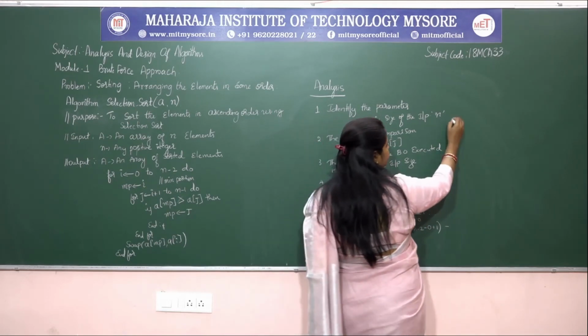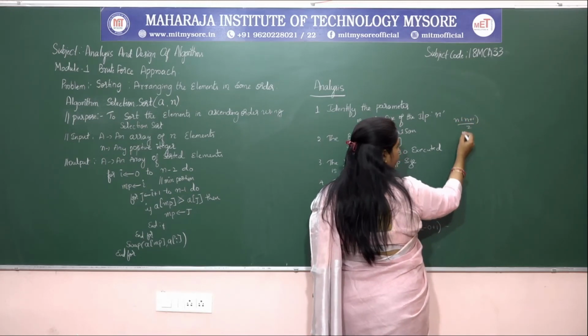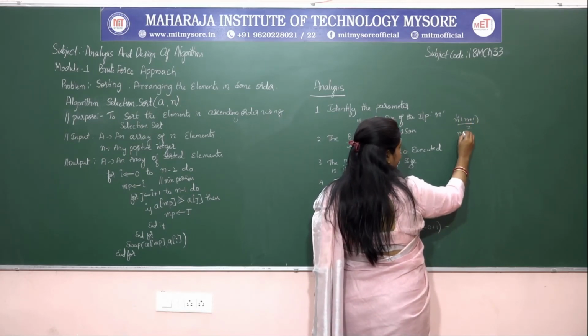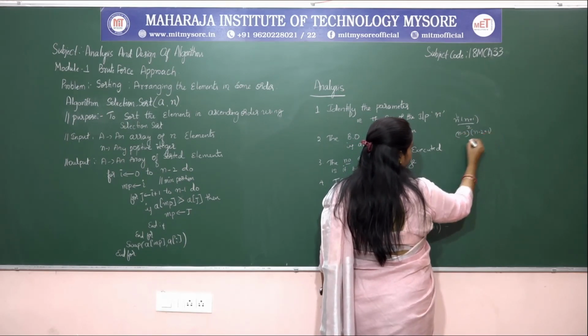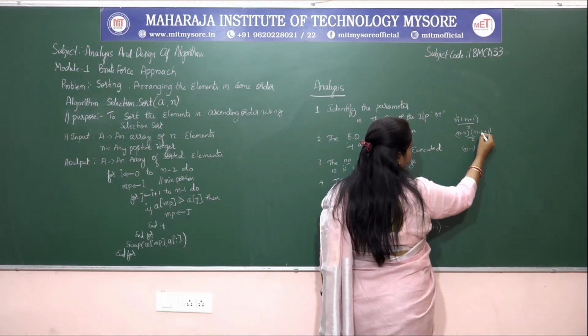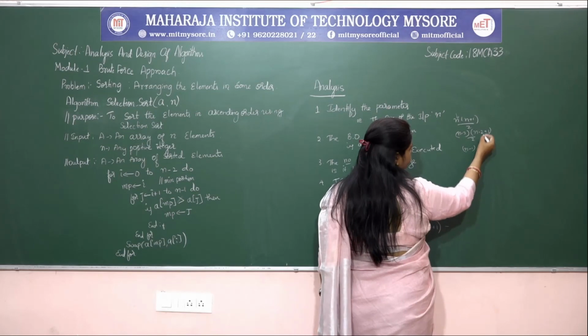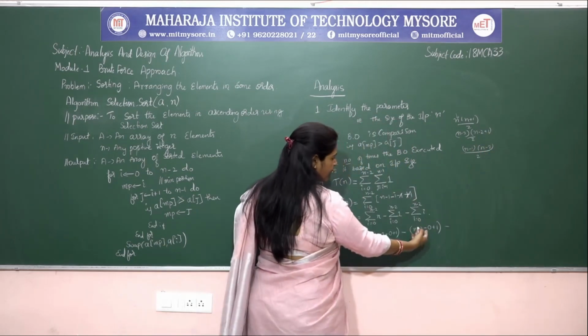Therefore, we need to go with the n into n plus 1 divided by 2 formula. So just replace n by n minus 2. What will you get? n minus 2 plus 1. So you will get n minus 1 and n minus 2, since minus 2 plus 1 is minus 1. So substitute this value here.